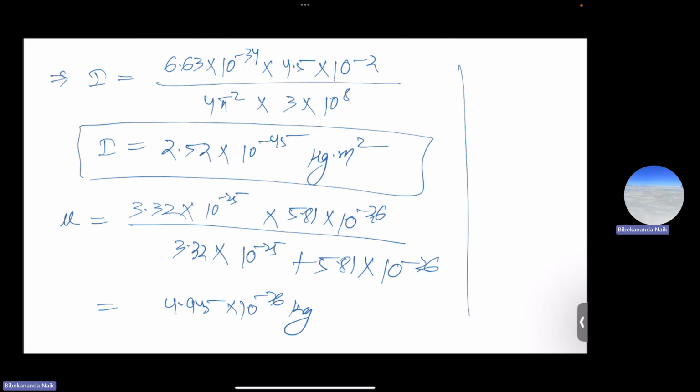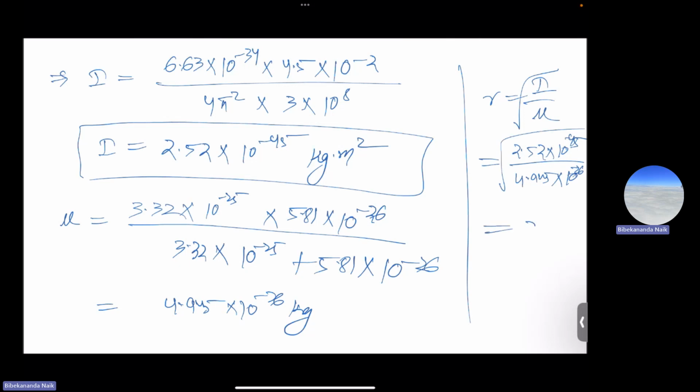So R will be the square root of I by mu, which is the square root of 2.52 into 10 to the power minus 45 divided by 4.945 into 10 to the power minus 26.